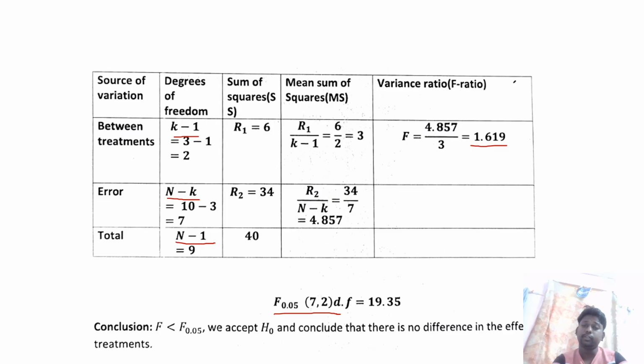Comparing these two, the F table value is greater. If the F table value is greater, then we have to accept H naught. So we get the conclusion that there is no difference in the effect of treatments. Like that we can analyze using this ANOVA table for H naught and H1 values.